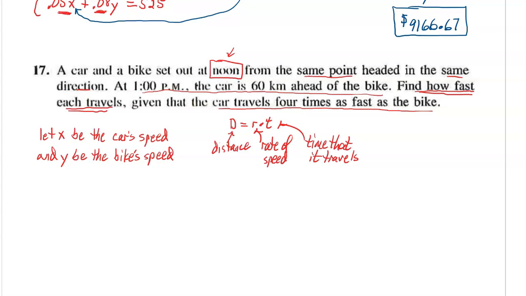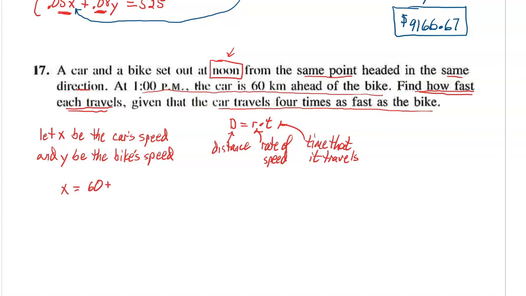Distance is equal to rate of speed times time, and the time is 1 hour. So the distance that the car travels is its rate of speed, x, times 1 hour. Well, x times 1 is just x. And that distance is equal to 60 more than the distance the bike traveled.